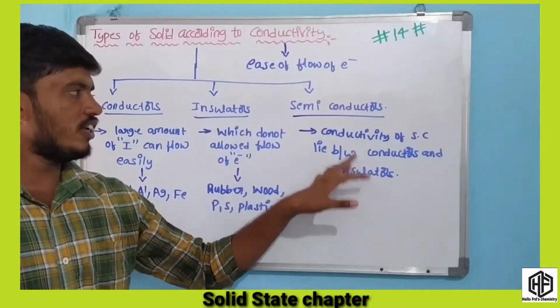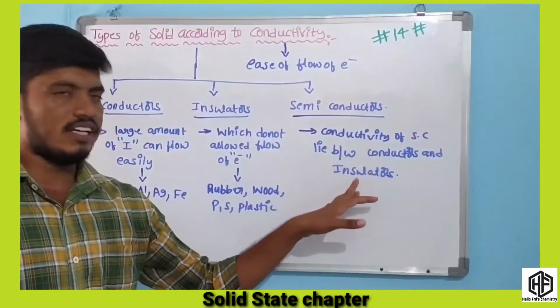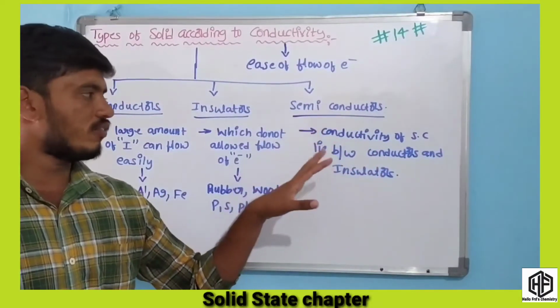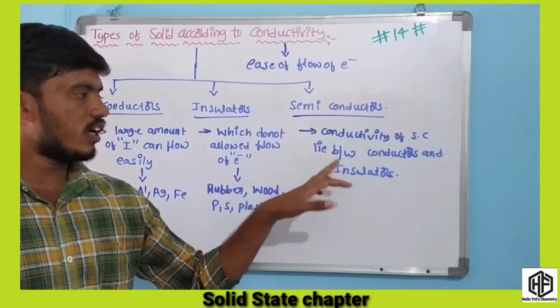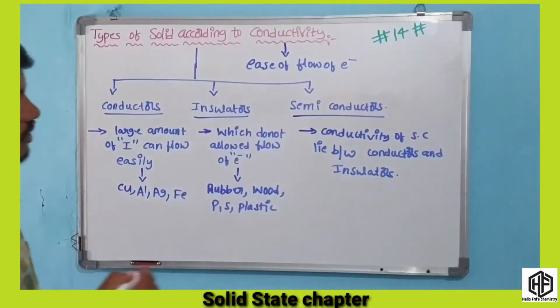It means the conductivity of semiconductors is lower than conductors and higher than insulators. A medium conductance between the conductors and insulators is called a semiconductor. This is so much important.